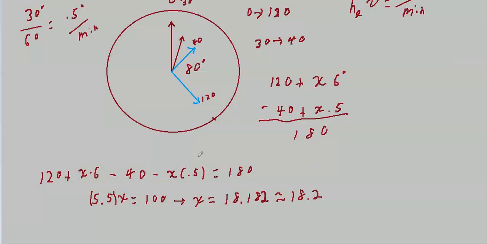It would be 2:38.2, or a little over 2:38. That would be like 12 seconds, but they only asked us for the nearest minute. So at 2:38, these two should form a straight line or a diameter, and that should be true for any clock.